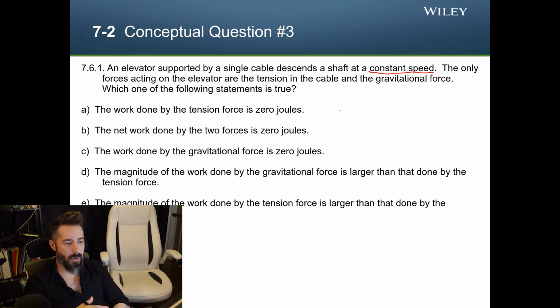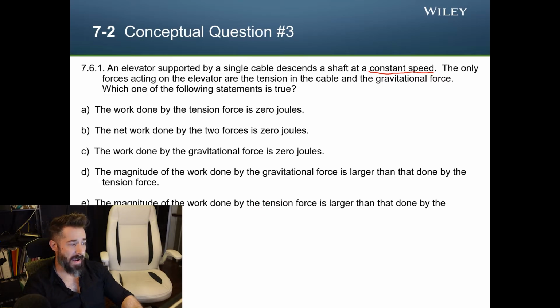I believe the one in the book says something about the wire holding the elevator slipping, and therefore it's suddenly accelerating. This is moving at a constant speed, so it's not slipping, right? So there's no acceleration. It's just moving at a constant speed.